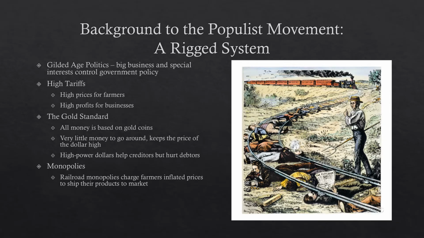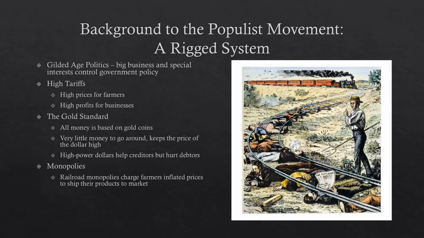So basically the businessmen and the banks had more say over what the government did than the small farmers did, even though there were millions of farmers and only a couple thousand big companies and millionaires and stuff like that. But so anyway, because the government tended to listen to big business, they set up policies that helped big businesses and banks and hurt the average working person.